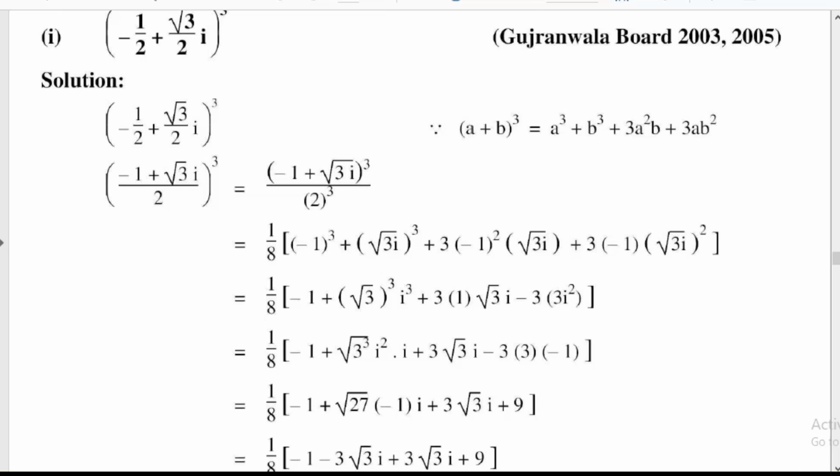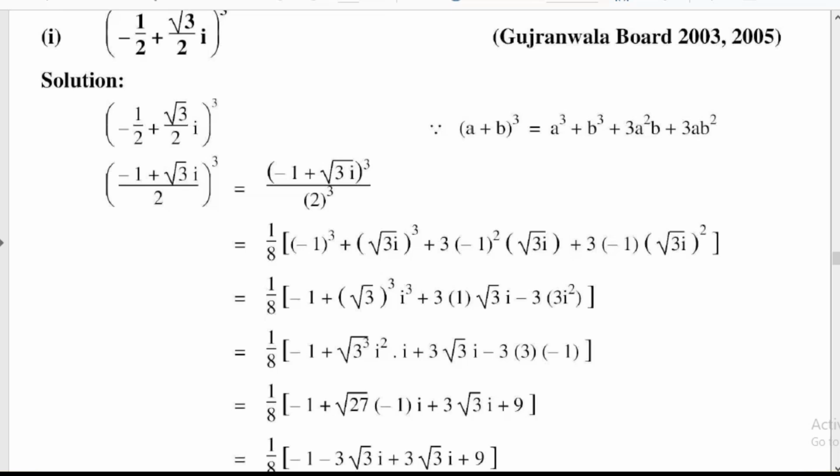So dear students, 27 is wrong, that is exactly 3 times cube root of 3, into -1, that is cube root of 3 into √3 i.